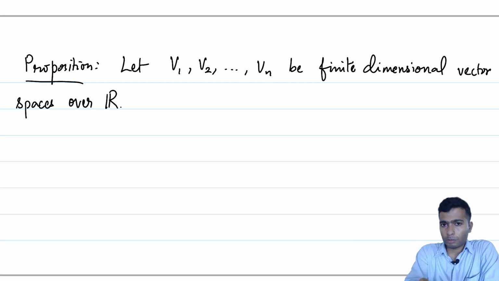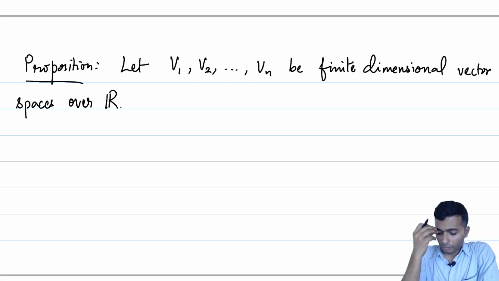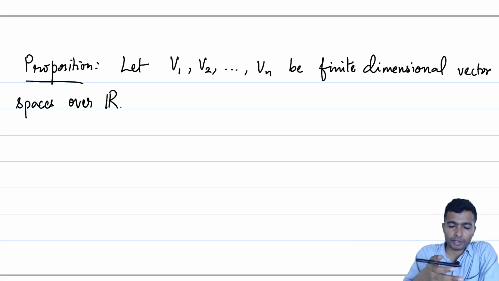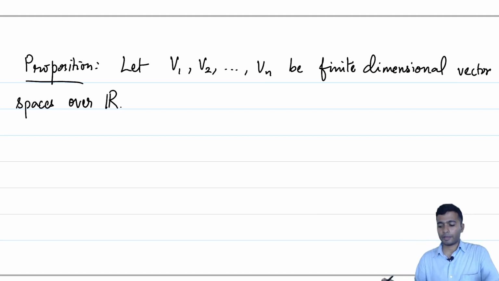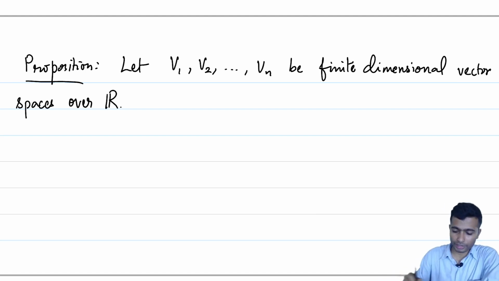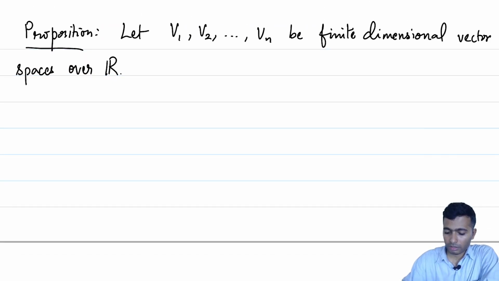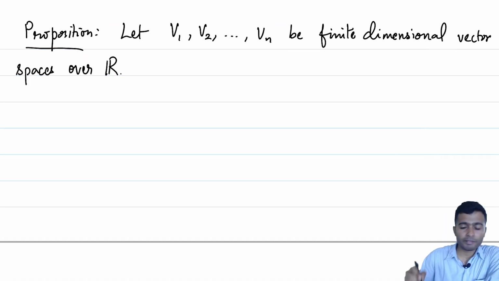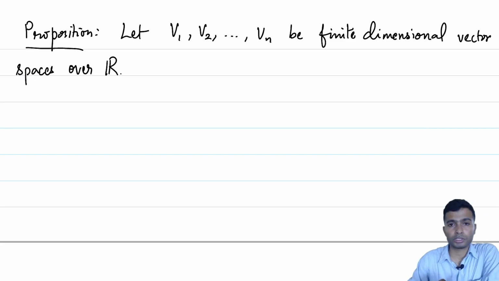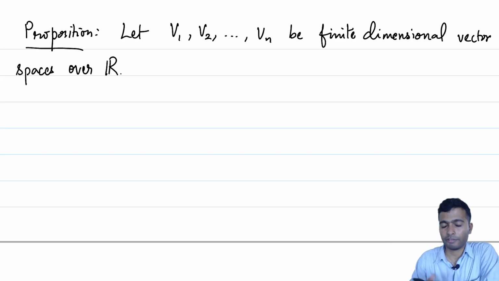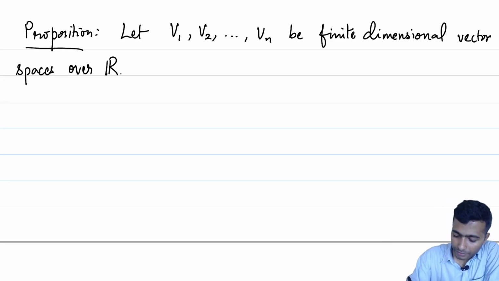However, in order to talk about dimension, we need to have finite dimensionality; if it is infinite dimensional, then we are not interested in talking about the dimension per se. So, we will restrict our attention to finite dimensional vector spaces in order to talk about dimension. This proposition exactly talks about the dimension of the product of V1 cross V2 up to Vn when each of these Vi's are finite dimensional.